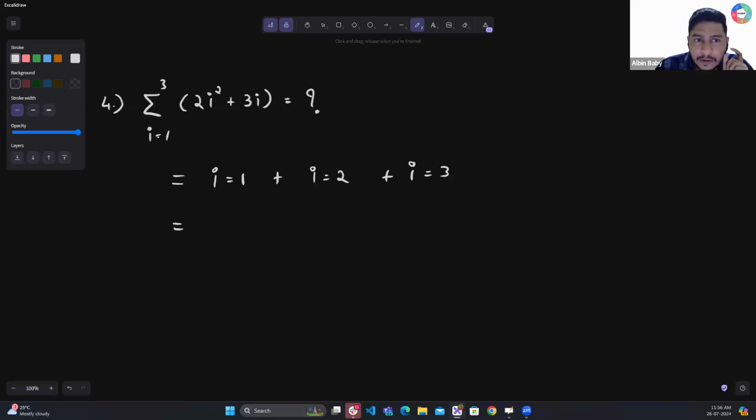Okay. So now if I substitute i in this, how will it look? Let's substitute i in this formula. It will be 2 times i square, so i is 1 first, plus 3 times 1 since i is 1.